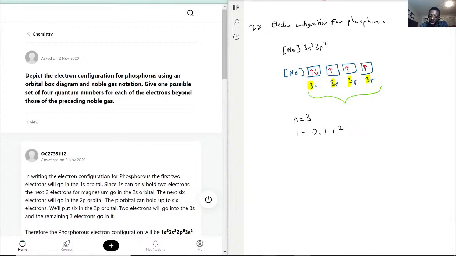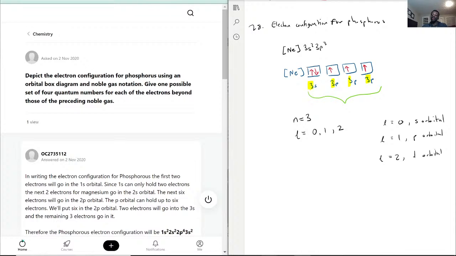When L equals 0, that is the s orbital. I'm going to make this a cursive L so it doesn't look like a 1. When L is equal to 1, that's a p orbital, and when L is equal to 2, that's a d orbital.